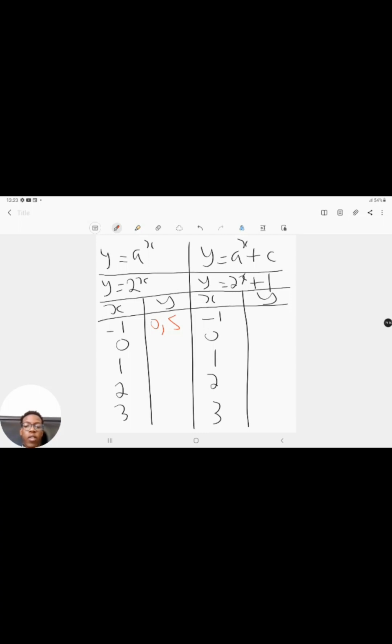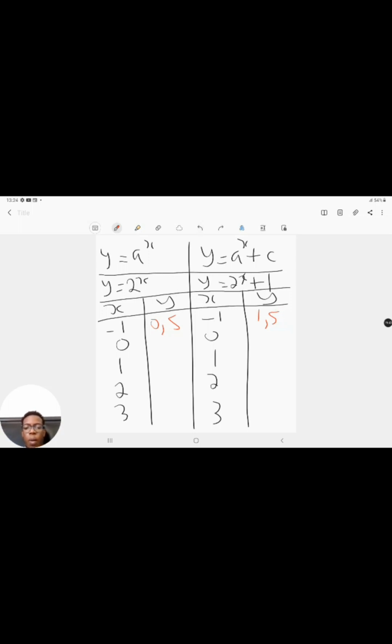For the second equation, when x is equal to -1, y is 2 to the power of -1 plus 1. That's half plus 1, so that's going to give you 1.5.